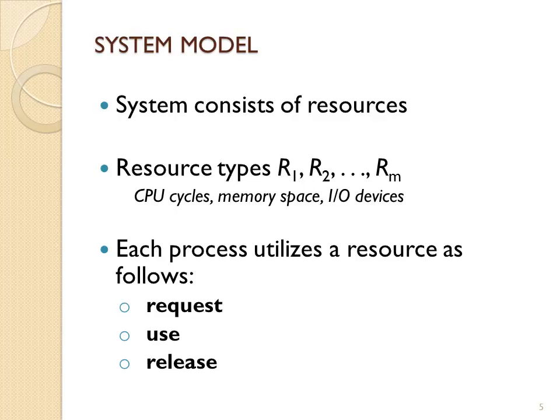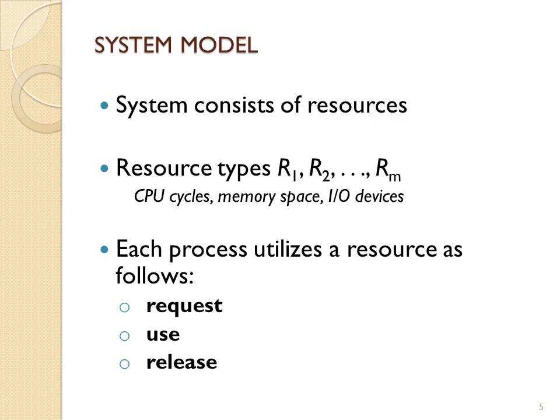All right, so in your system you have a bunch of resources, and the processes share these resources. The processes are going to request the resources, use the resources, and release the resources. What we've talked about before: in the request, you could use a semaphore to make a request, or you could use some help with the hardware, or a lock or a mutex, or a monitor to make the request.